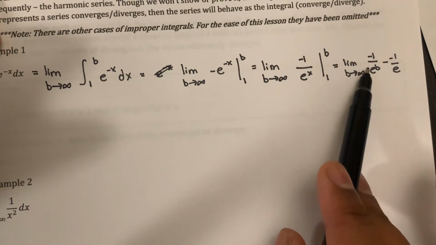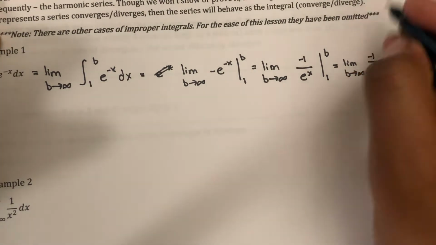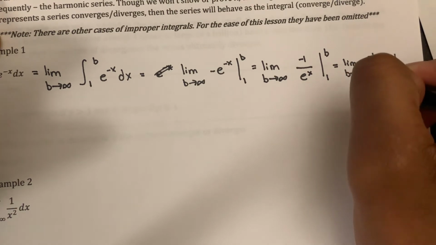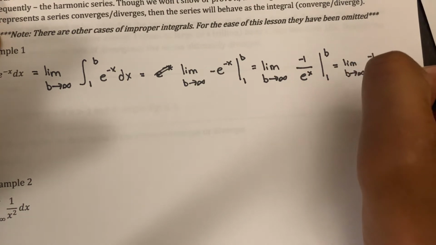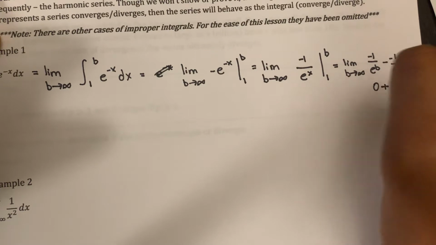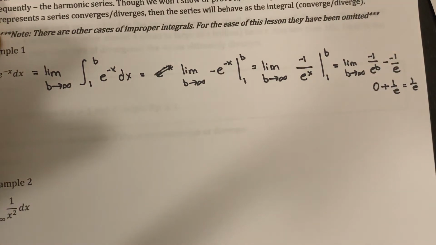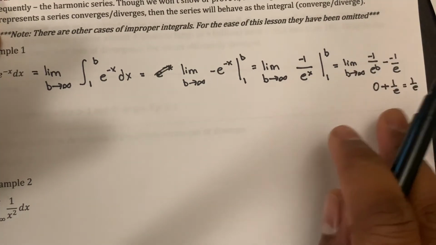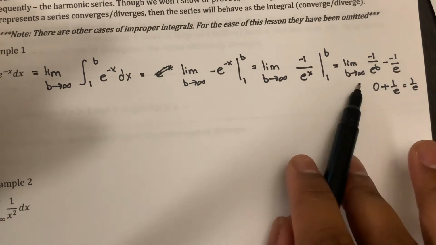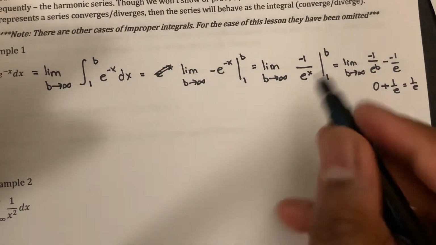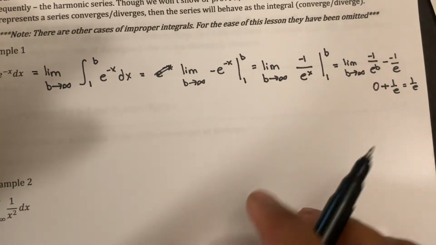So the limit for this first fraction is 0. We get 0 plus 1 over e, and that's our final answer. Because we got an answer with this infinite limit, we would say that this integral is convergent.